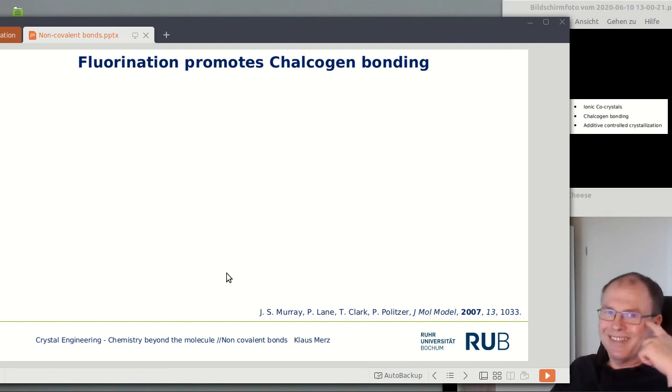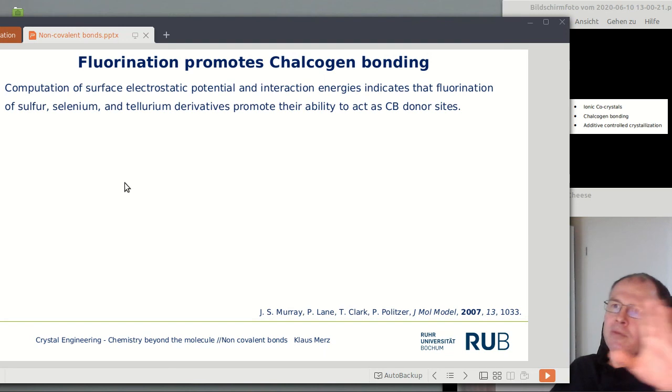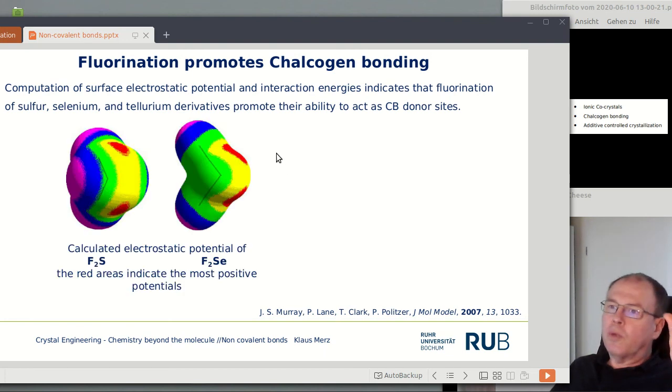Have a look at hydrogen bonding. Now in this case, what we are doing is looking, for example, at surface electrostatic potentials, and what we see here is fluorine-substituted sulfur and selenium.